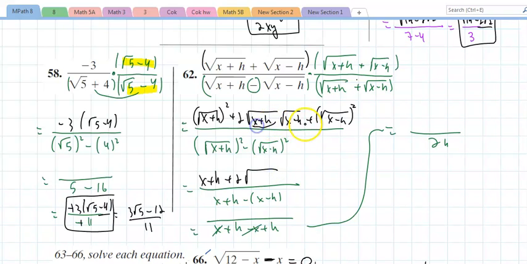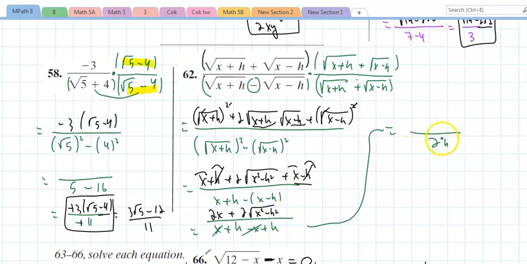If I multiply those, isn't that x squared minus h squared? And the only reason I'm multiplying those is because that's how they write it in the back of your book. X plus x is 2x. H plus h is 2h. Oops, I'm sorry. Those cancel out. Plus twice the square root of x squared minus h squared.